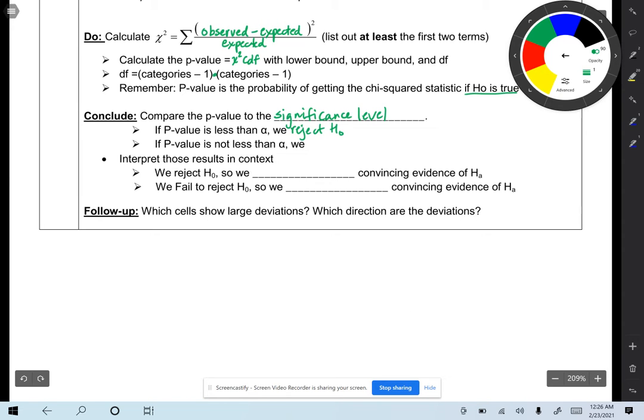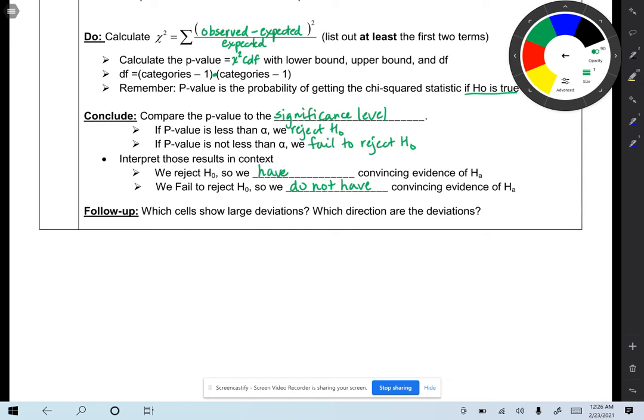If the p-value is not less than alpha, we fail to reject the null hypothesis. And then we interpret those results in context. We reject the null hypothesis, so we have convincing evidence of the alternative hypothesis. We fail to reject the null hypothesis, so we do not have convincing evidence of the alternative hypothesis. And you do all that in context.